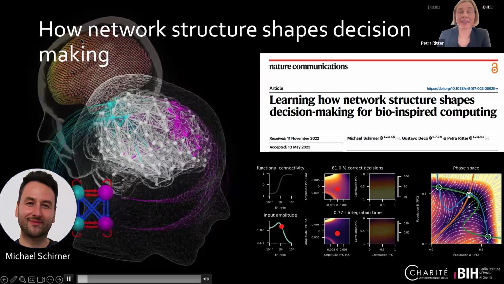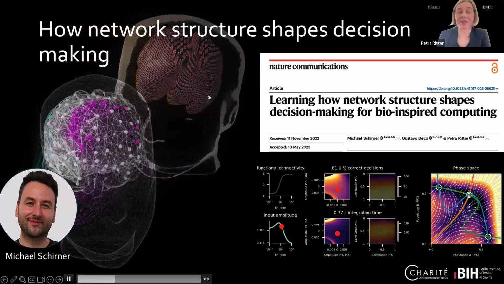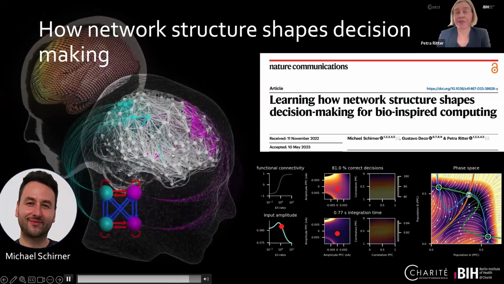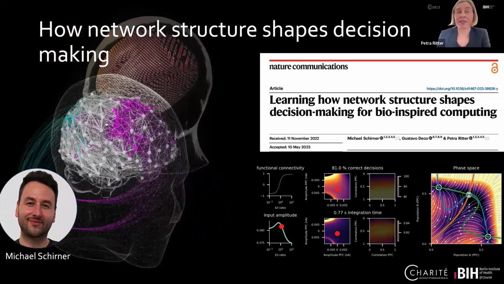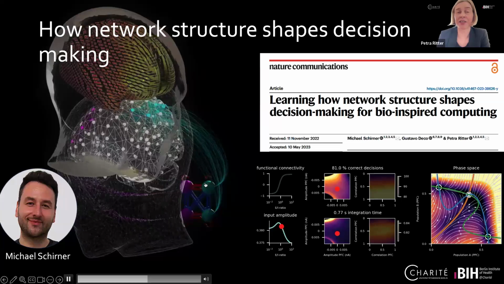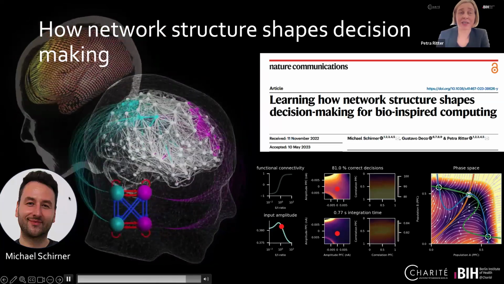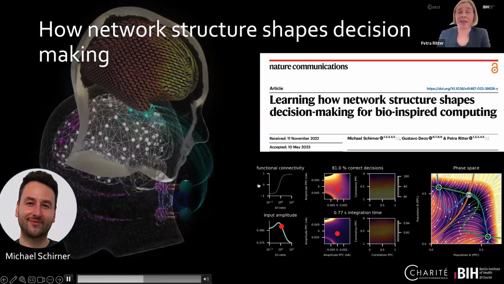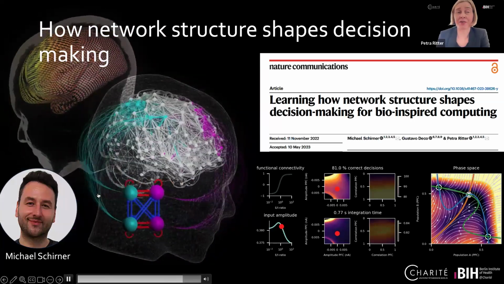What has been done is, again, we used Human Connectome Project data to construct individual virtual brains, about 650 we had here in this case. And then we plugged into these 650 individual brain network models such a circuit model that has been investigated before in detail in isolation and has been shown to be capable of mimicking decision-making and working memory.